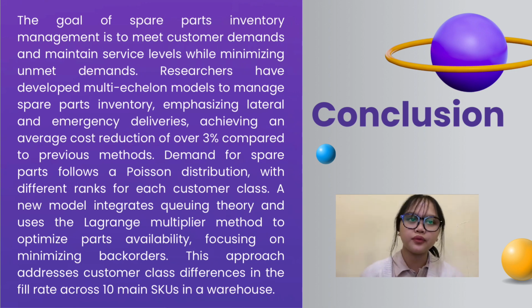The demands for spare parts follow a Poisson distribution with different ranks for each customer class. A new model introduces queuing theory and uses the Lagrange multiplier method to optimize parts availability, focusing on minimizing backorders. This approach addresses customer class differences in the fill rate across 10 main SKUs in a warehouse.